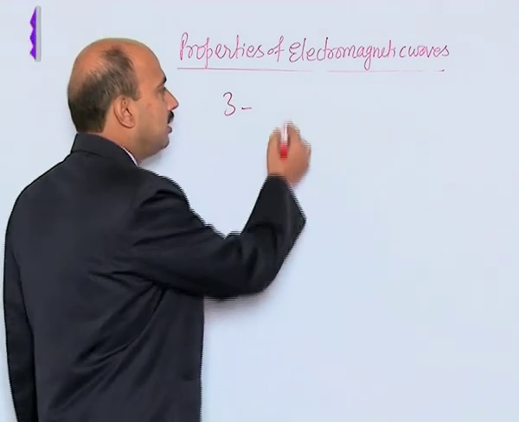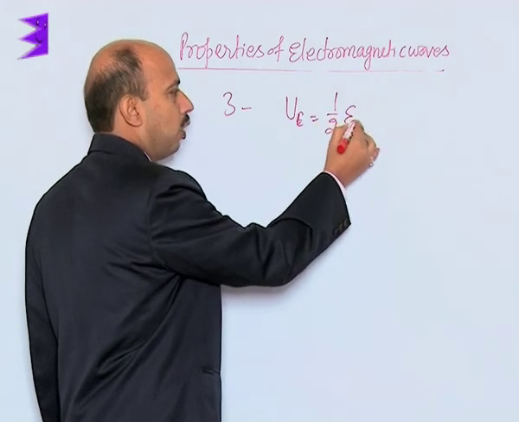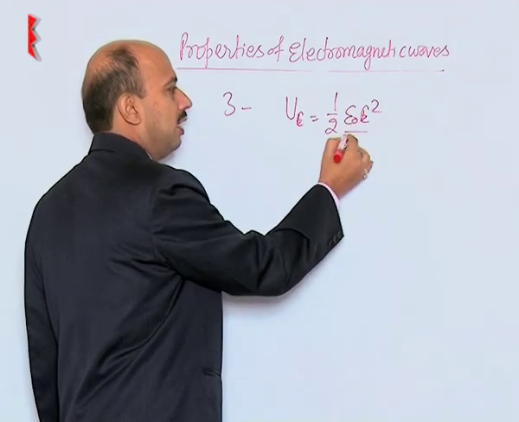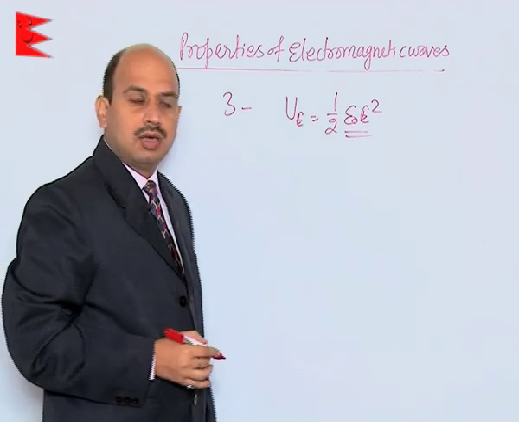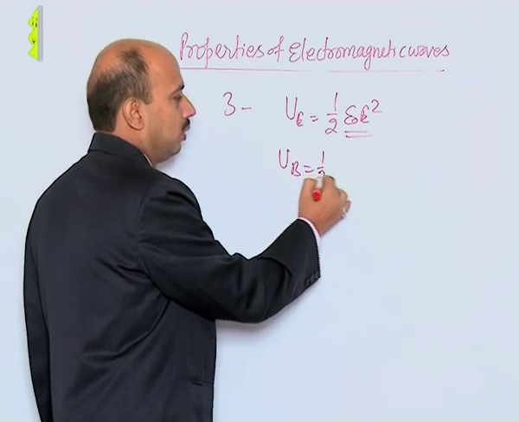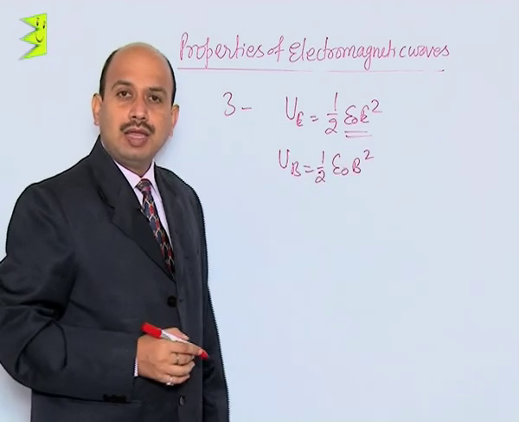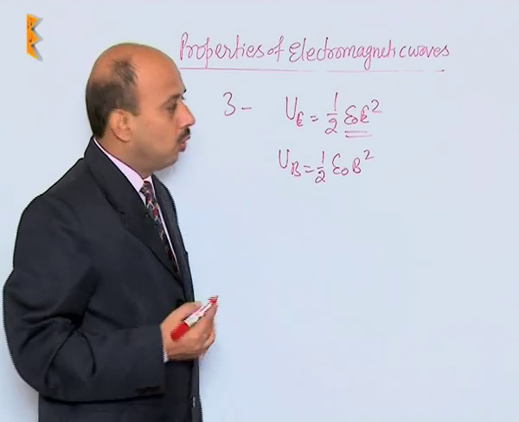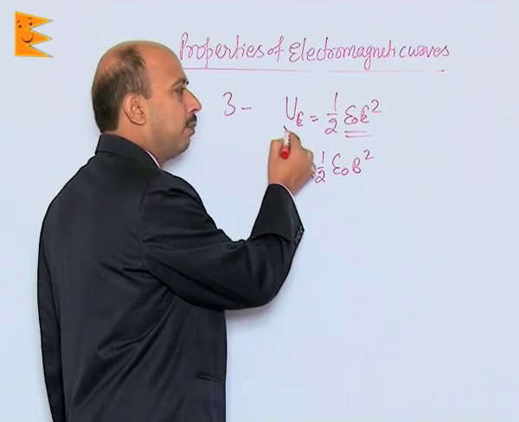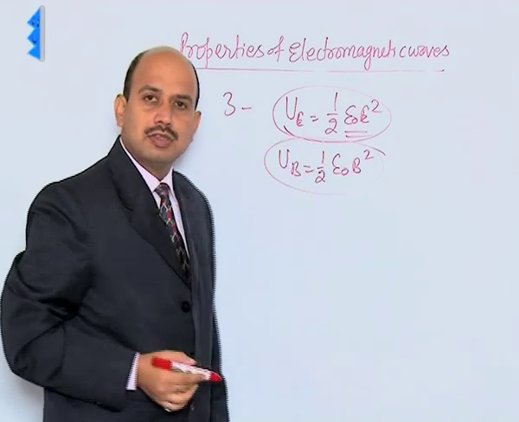So, the electric energy density in this case, that is U E, is equal to half epsilon naught E square. And for the magnetic energy density, it is equal to half epsilon naught B square. So, electromagnetic waves have non-zero energy density, and the component of energy due to electric field is this much and due to magnetic field is this much.